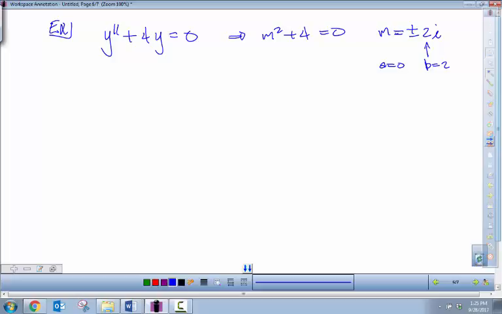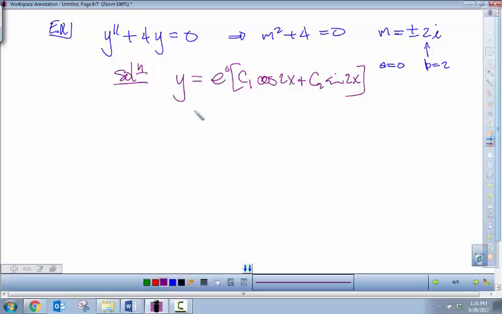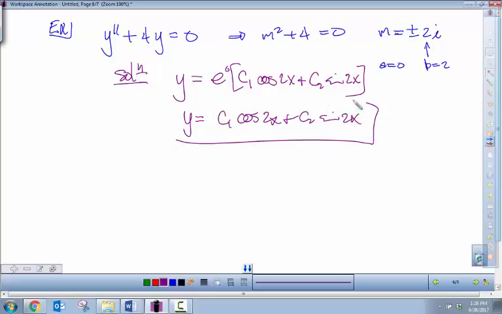So our solution is going to be given by y is equal to e to the 0, and then c1 times cosine of 2x plus c2 sine of 2x. And e to the 0 is equal to 1, so y is equal to c1 cosine of 2x plus c2 sine of 2x. And I think this is a solution that was given to you in the exam, right?